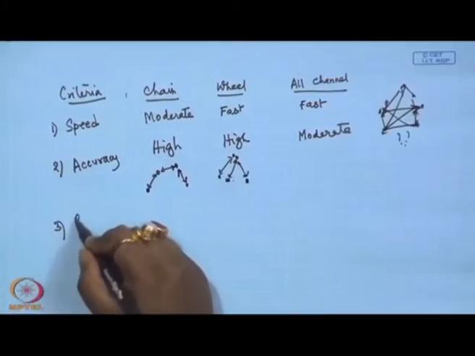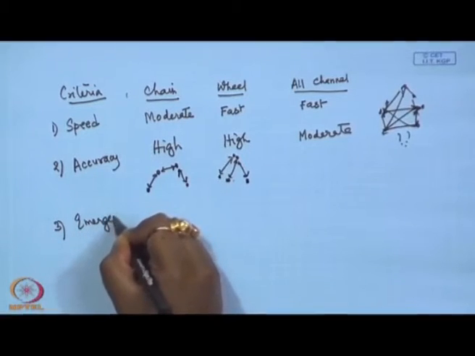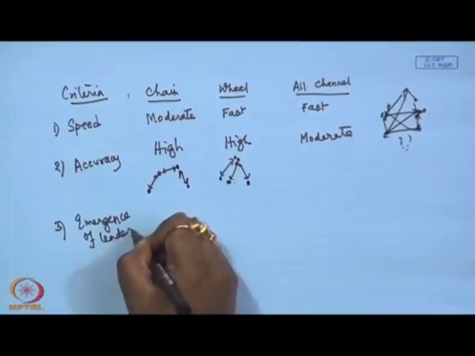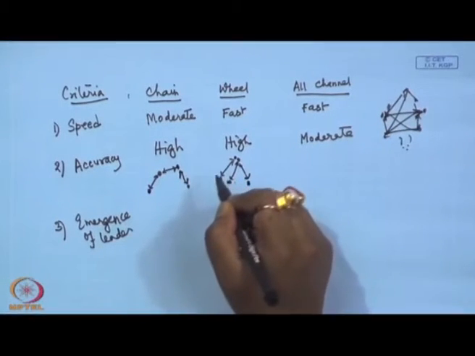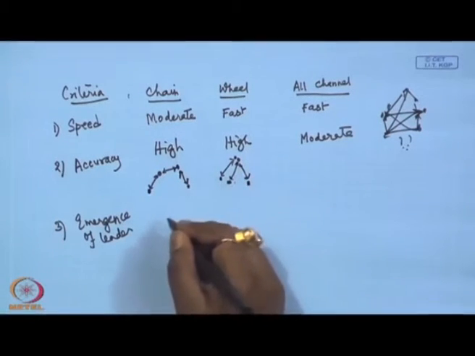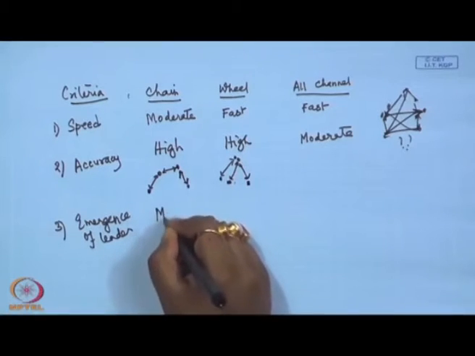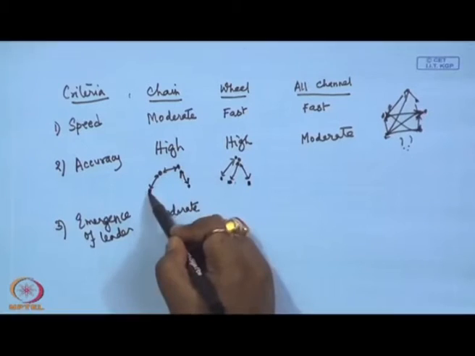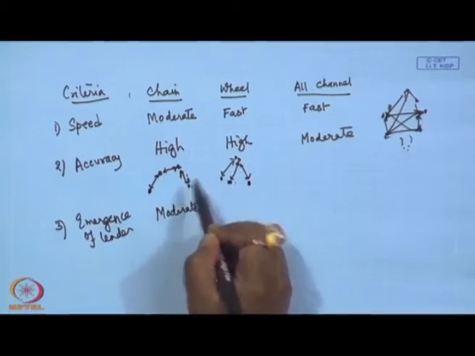The third criterion is the emergence of a leader. The chance of emergence of a leader is moderate in chain communication, because all are just passing information.